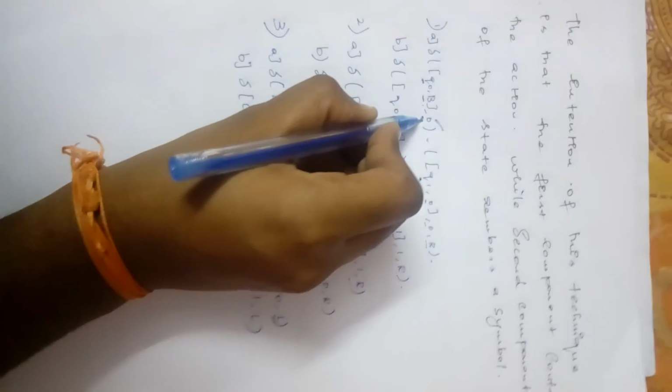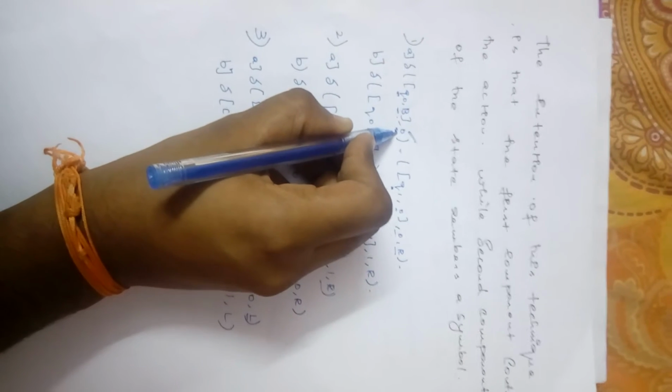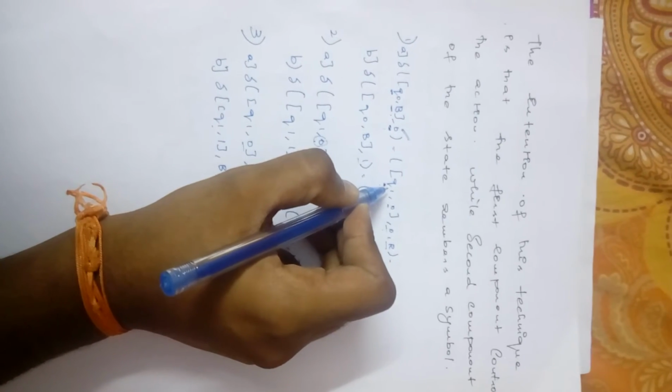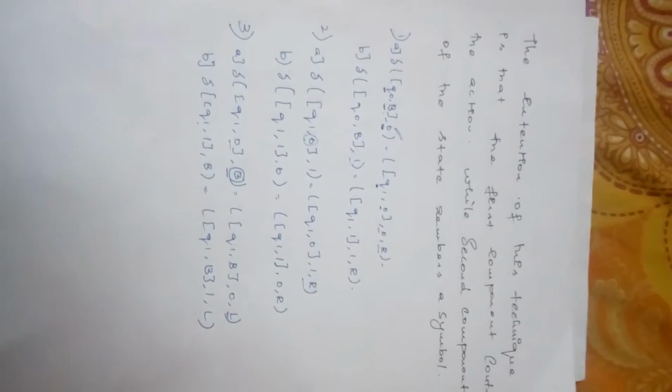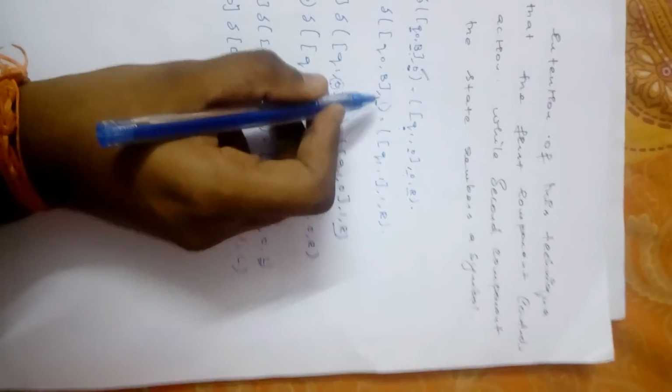Initially it will be blank, then it reads 0 and moves to the state Q1 and it remembers 0 and it moves right. The same process will be done vice versa for the input symbol 1.